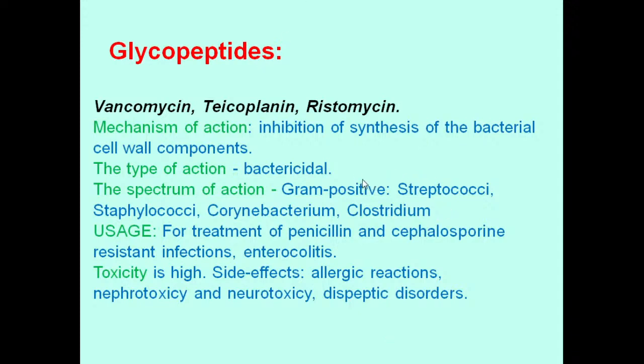Spectrum of action: gram-positive, Streptococci, Staphylococci, Corynebacterium, Clostridium. Usage for treatment of penicillin- and cephalosporin-resistant infections, and for treatment of enterocolitis. Toxicity is high. Side effects: allergic reactions, nephrotoxicity, neurotoxicity, dyspeptic disorders.